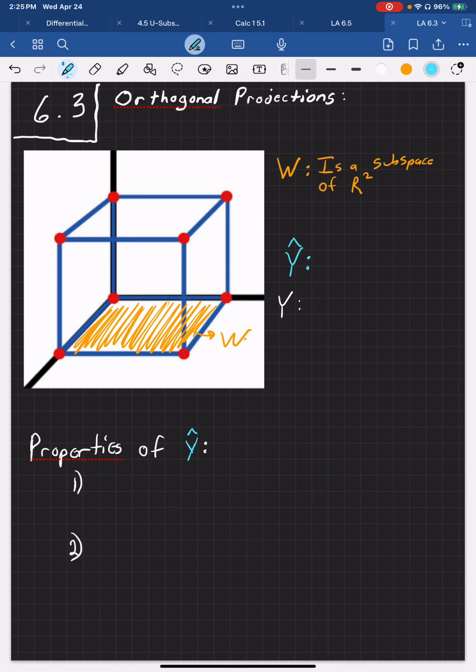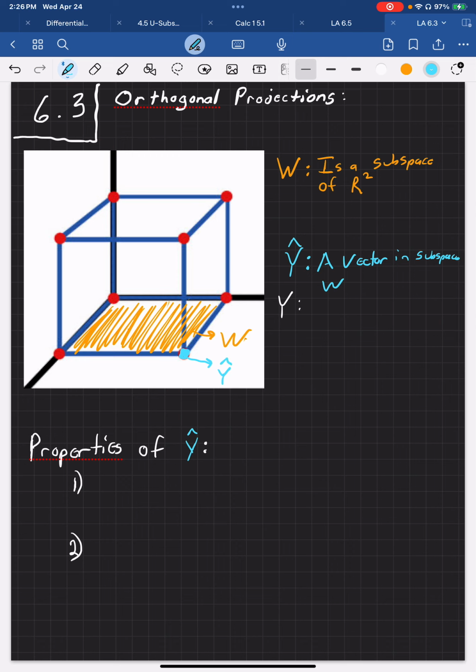So y hat, this is a vector in subspace W. It doesn't matter. We can say that this is y hat.